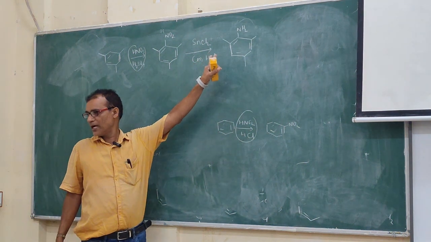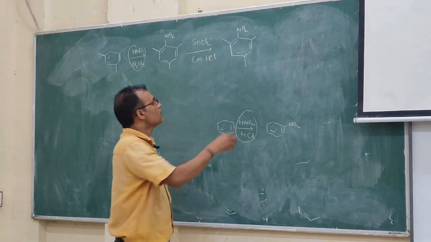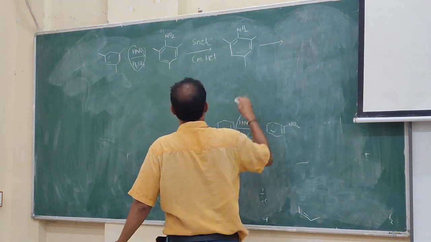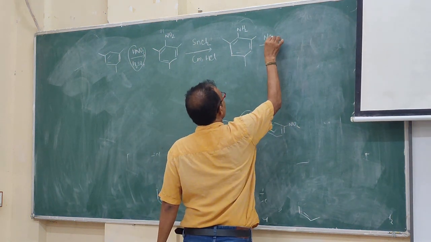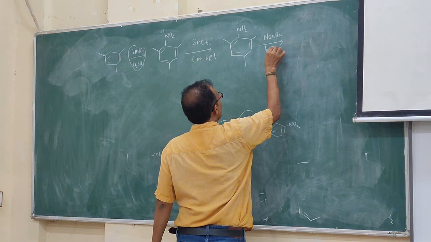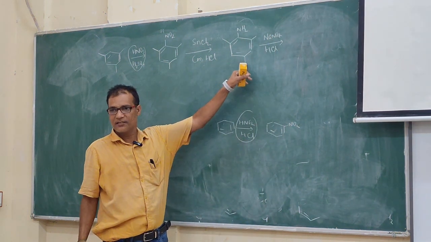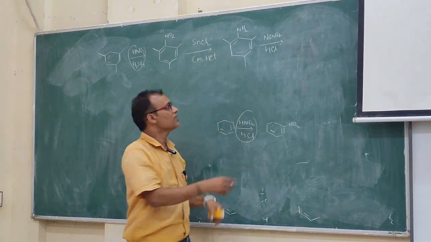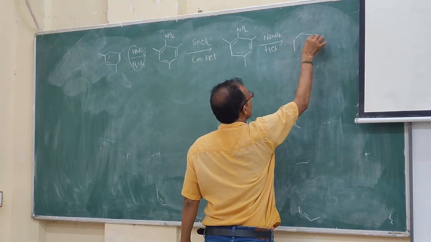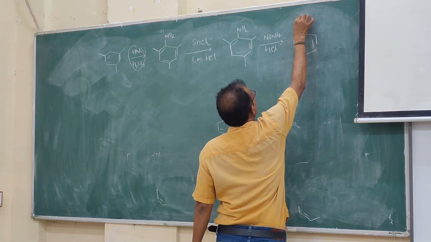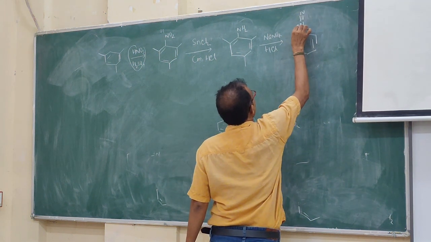Now you give sodium nitrite and HCl. What reaction is this? Diazotization. Here diazotization will occur. So you will get this N triple bond N plus Cl minus.